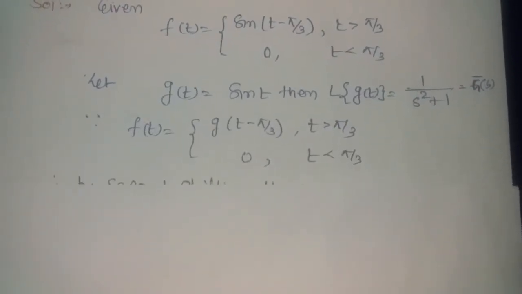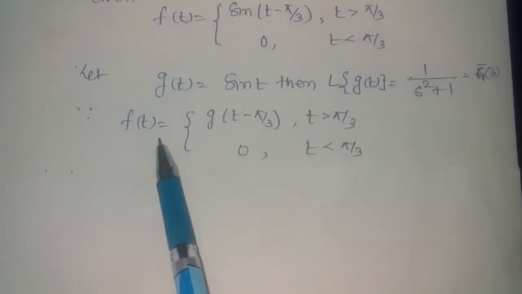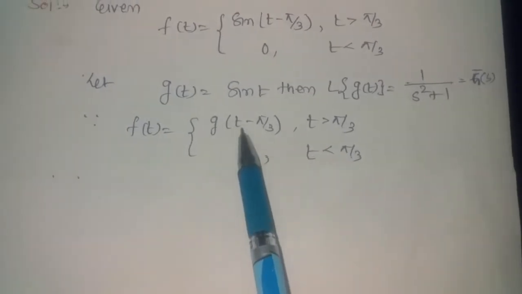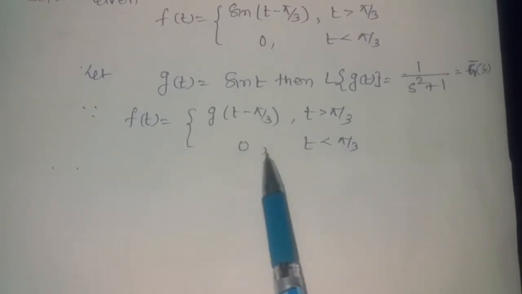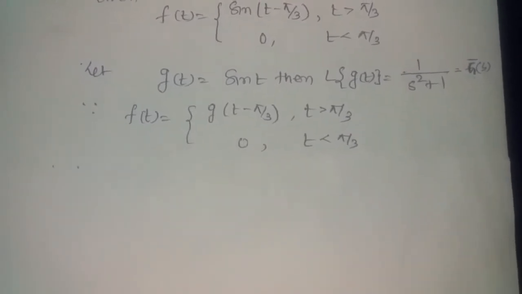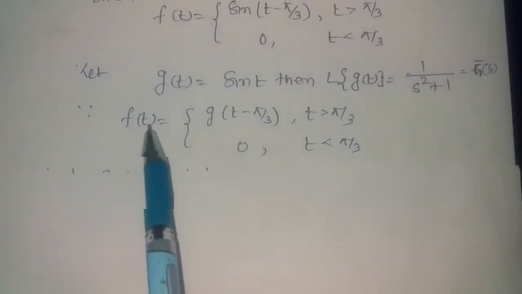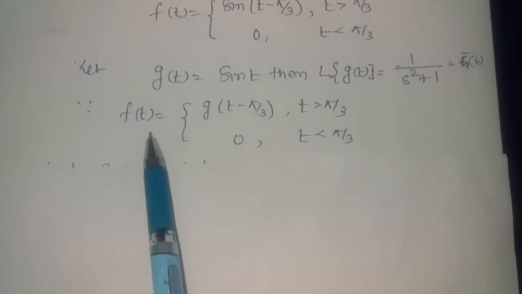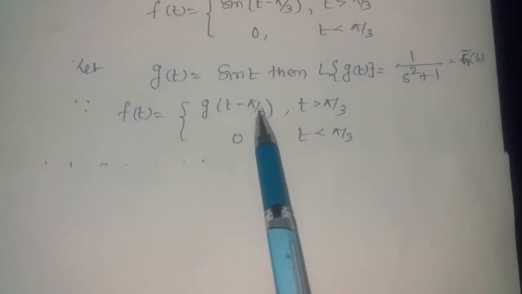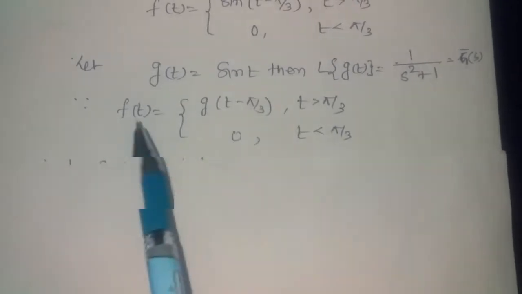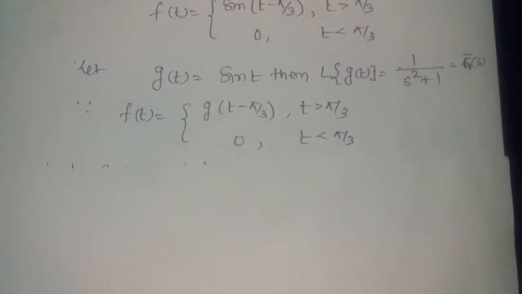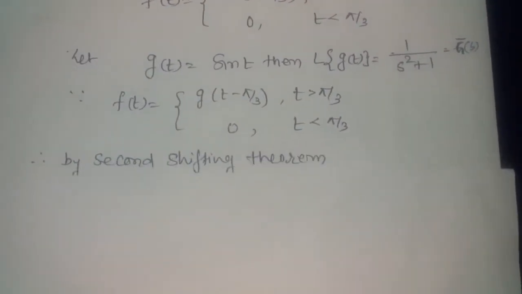Now the given function f(t), we can write as g of (t minus pi by 3) when t is greater than pi by 3 and 0 when t is less than pi by 3. Now we have to find the Laplace transform of f(t), where f(t) is defined as g(t minus a) when t is greater than a and 0 when t is less than a. In such a case, we apply the second shifting theorem.